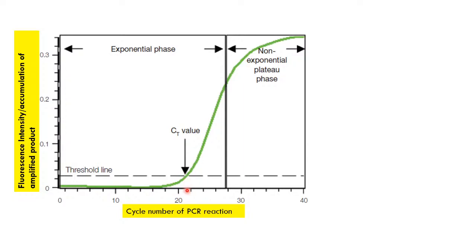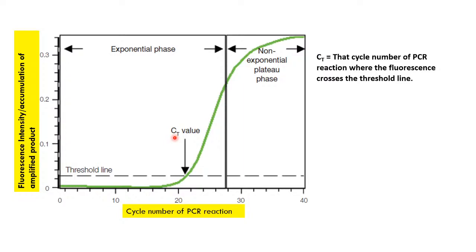So I can say 21 is the cycle number in this PCR reaction where the fluorescence signal crosses what? Threshold. Right? And this CT value we utilize to understand the gene expression calculation, the gene expression comparison, and different aspects of real-time PCR analysis.